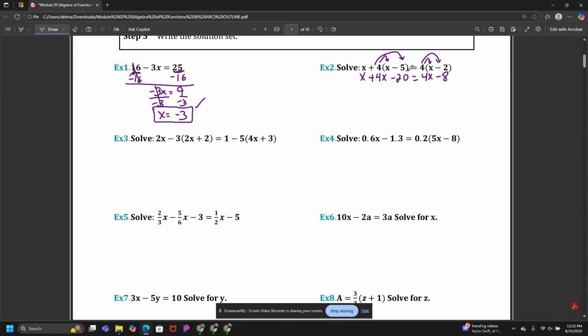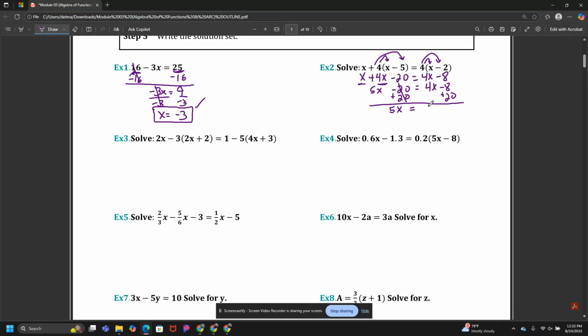Okay, so now I can go to my part of combining like terms. That was one of our suggestions. 4x's plus another x makes 5x's, and I'm just going to bring everything else down that I haven't worked with yet. Now I want x's on one side and my whole numbers on the other. So I'm going to add 20 over to get to where the whole numbers are no longer on the left-hand side.